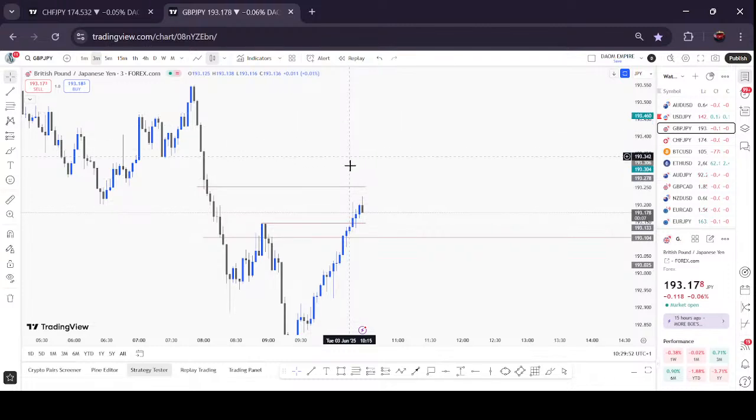As it's moving up, I add more position. But right now, let's wait.